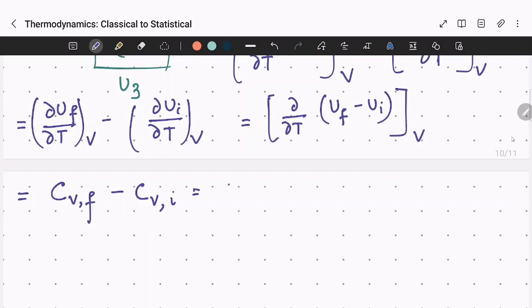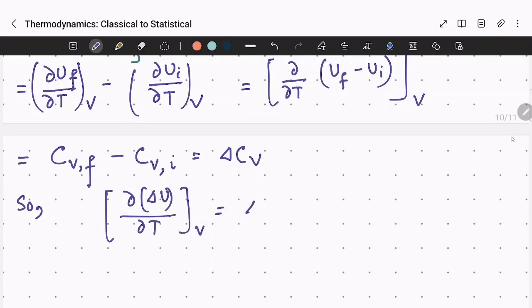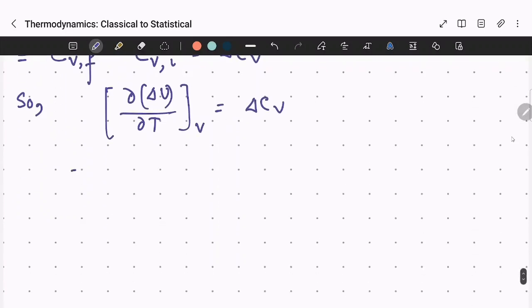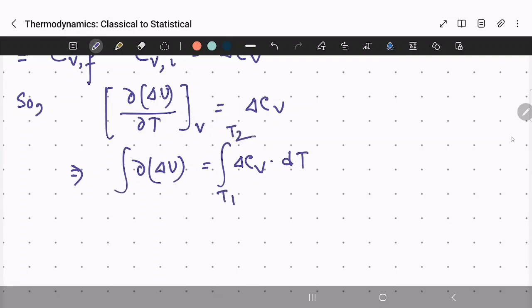Right? So it can be written as del Cv. Del U del T at constant V is actually del Cv, so you can write del Cv dT. Now you just have to take the integration from T1 to T2.